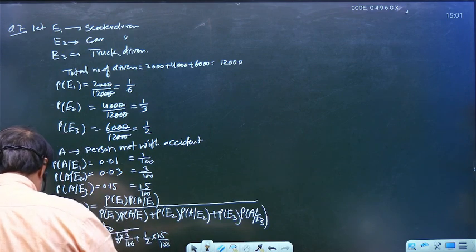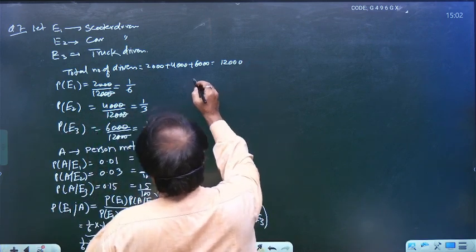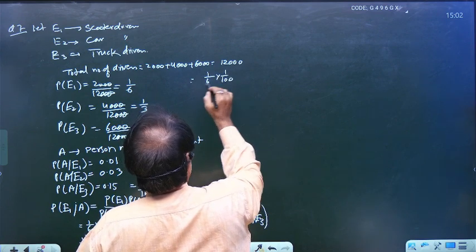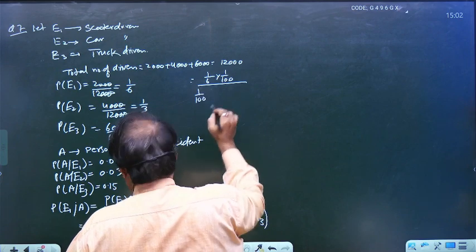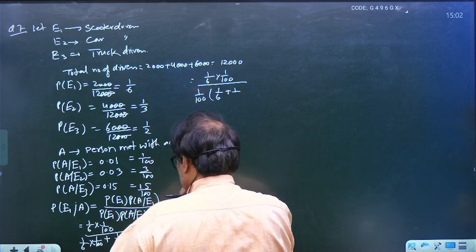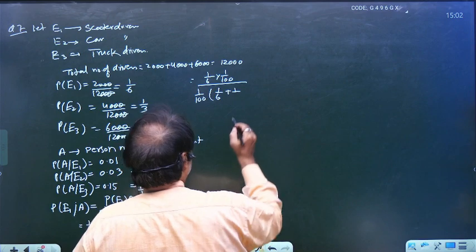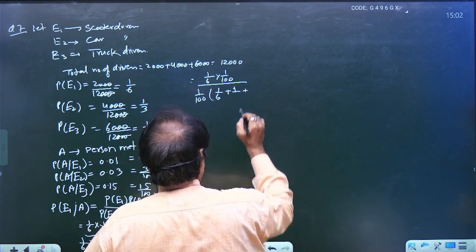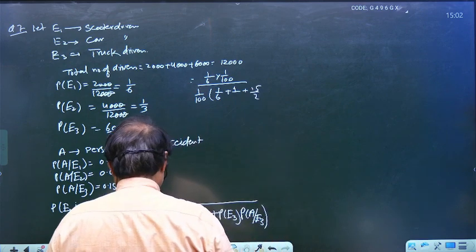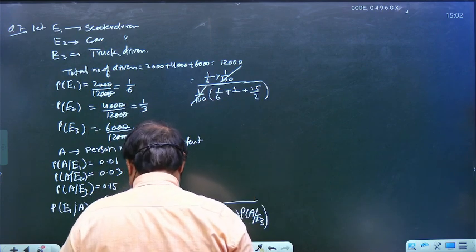Okay, so what will we solve? This will be equal to 1 by 6 into 1 by 100. Now we can take 1 by 100 as common. So this will be 1 by 6 plus 1 by 3 into 3, and the 3s will cancel out, so this will be 1, plus 15 by 2. So 1 by 100 and 1 by 100 will cancel out.